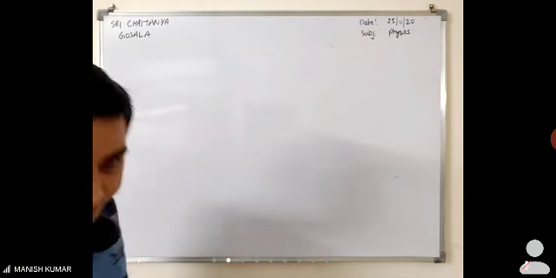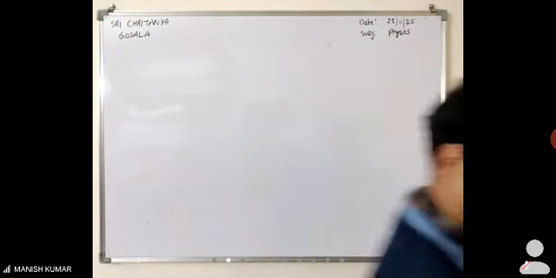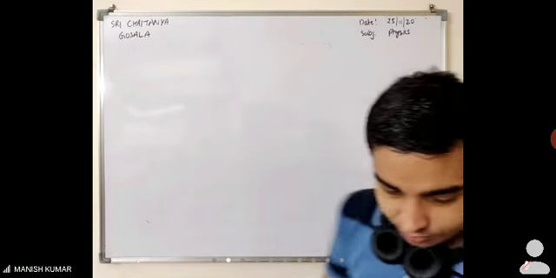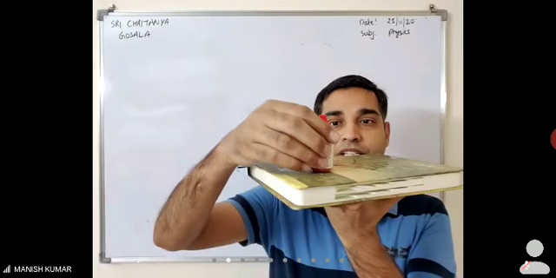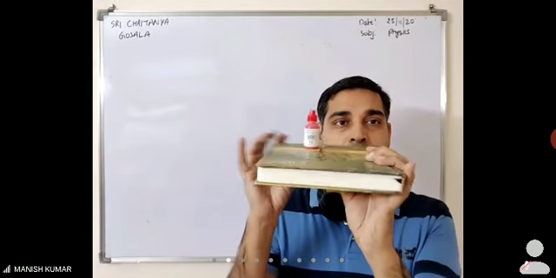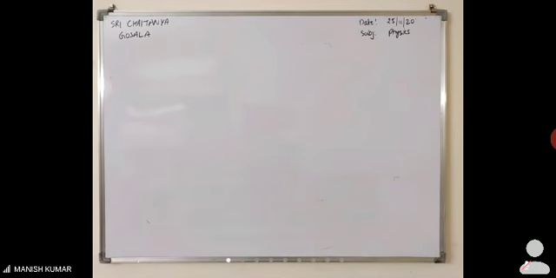For example, let's say this is a table on which a body is placed like this, and we are rotating the table. Okay. Now, focus on the bottle.